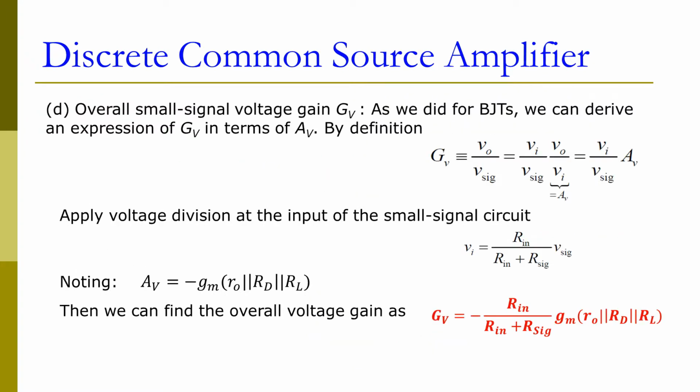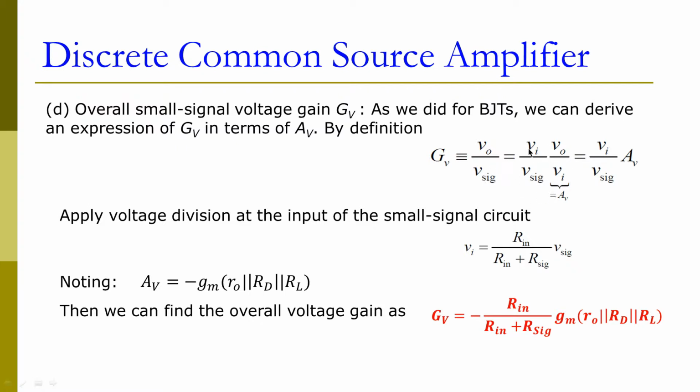To calculate the overall small signal voltage gain, we can do a similar analysis as we did for the BJT-based common emitter amplifier, and derive the expression of Gv in terms of Av by definition. Gv is the overall small signal voltage gain, which is the output voltage divided by the voltage at the signal source.